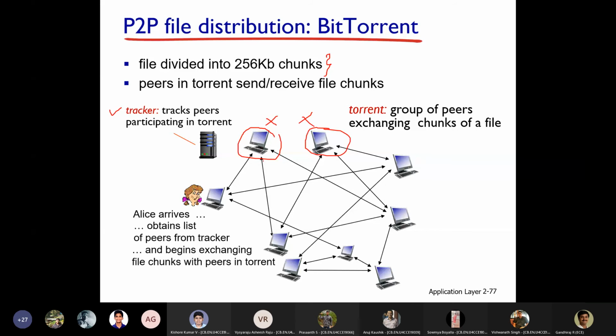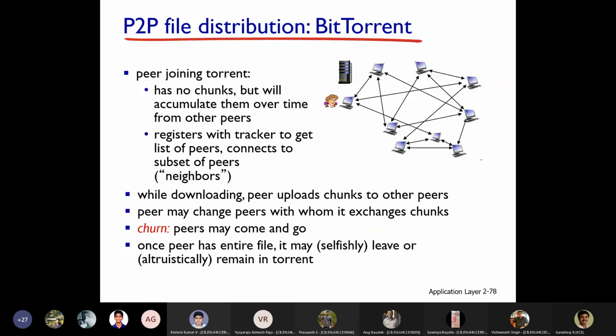But the same file they had, some other remaining systems may also have. So once these peers get disconnected, immediately the tracker, which continuously keeps updating, will establish a connection to another peer to receive the data. So this is the way things happen.